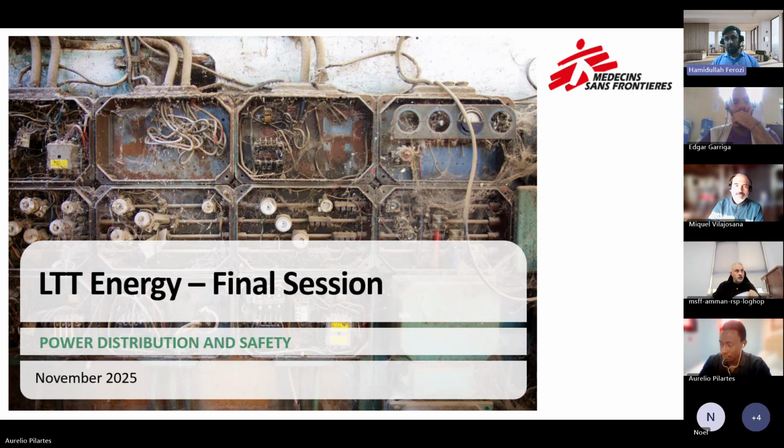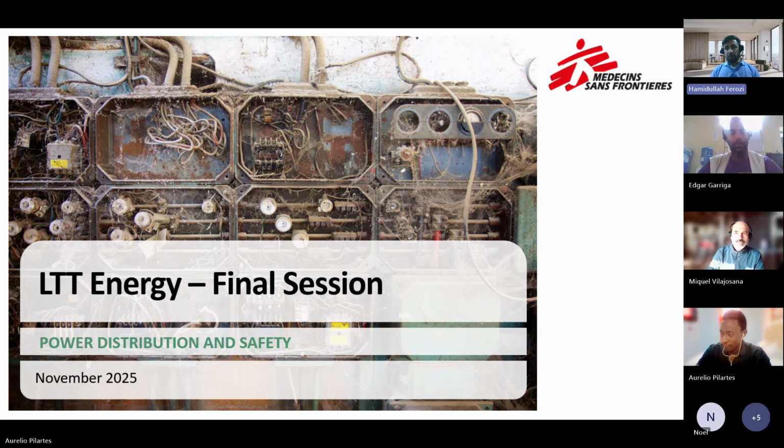And is there an LTT in HVAC, and how can we apply?